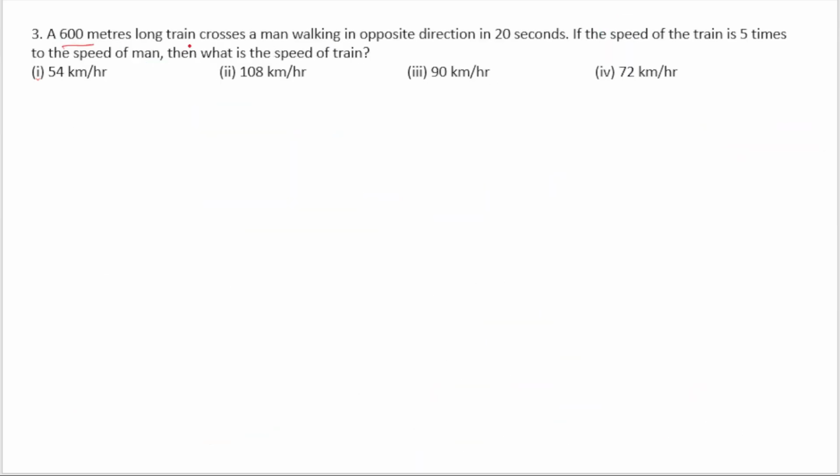Next question. A 600 meters long train crosses a man walking in opposite direction in 20 seconds. See, this is a train and this is a man. They both are moving in opposite directions. The train is of length 600 meters, and the train crosses the man in 20 seconds.